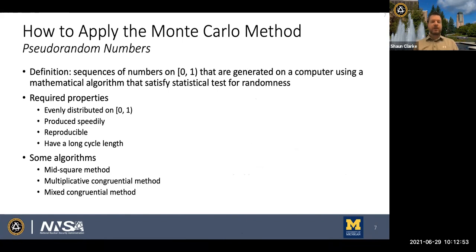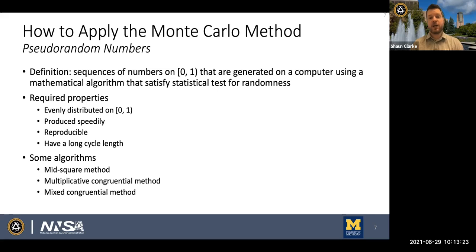So again, how do we actually apply the Monte Carlo method? Well, the first thing we need are a set of random numbers, and the second thing we need are distributions. So let's talk a little bit about the random numbers. Again, these pseudo-random numbers are generated on the interval 0, 1, and they're generated on a computer using a mathematical algorithm. So that's the important distinction between pseudo-random numbers and truly random numbers, is that we are producing these on a computer using essentially what's known as a recursive relationship.